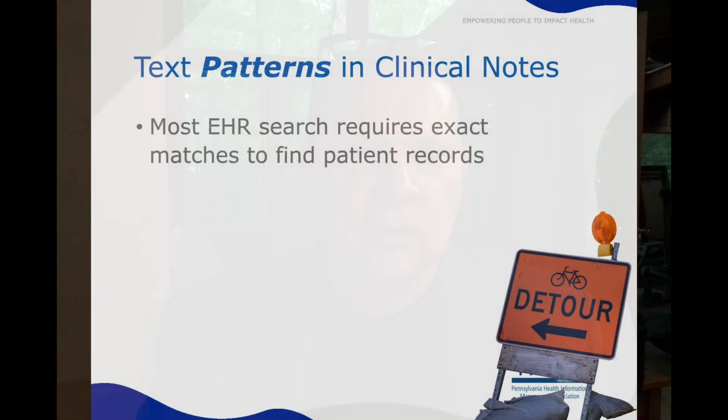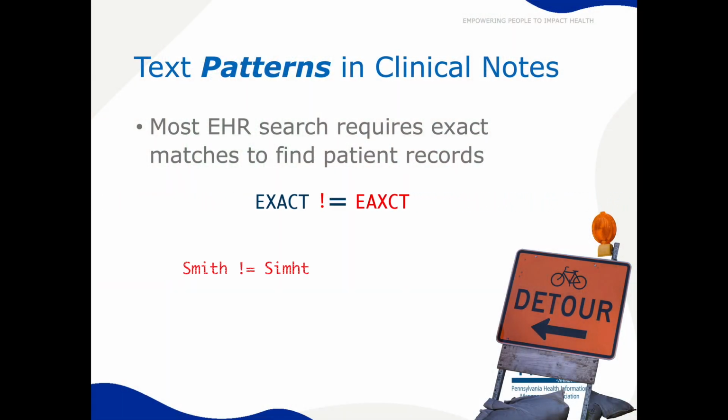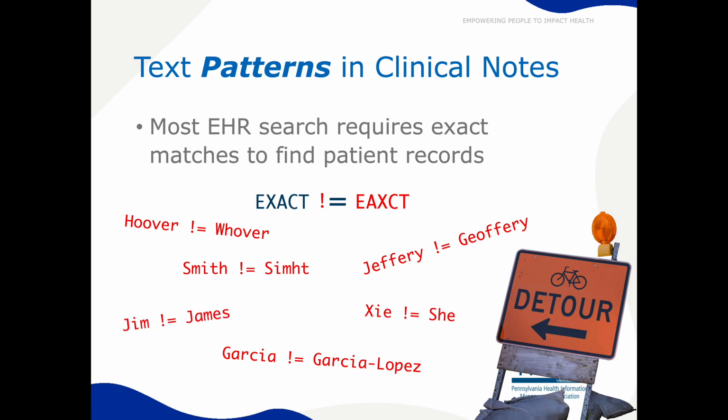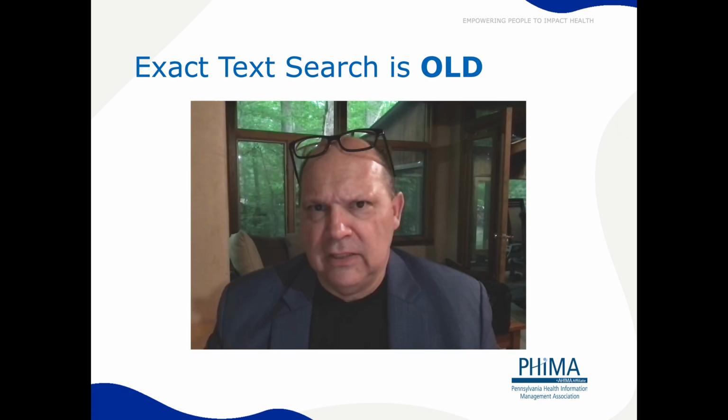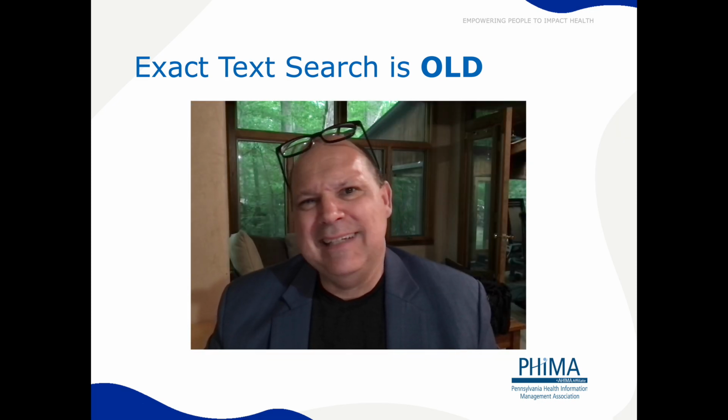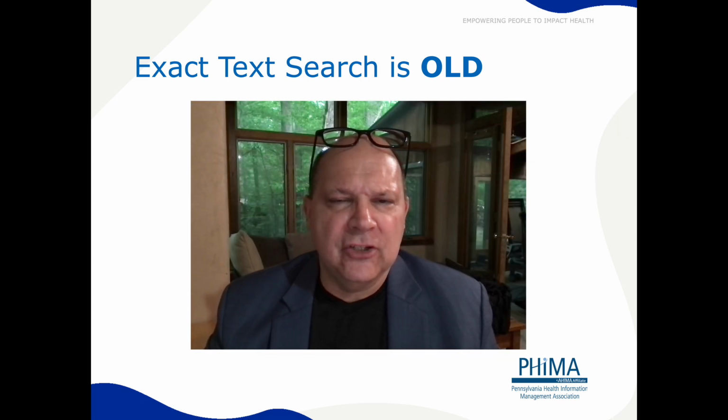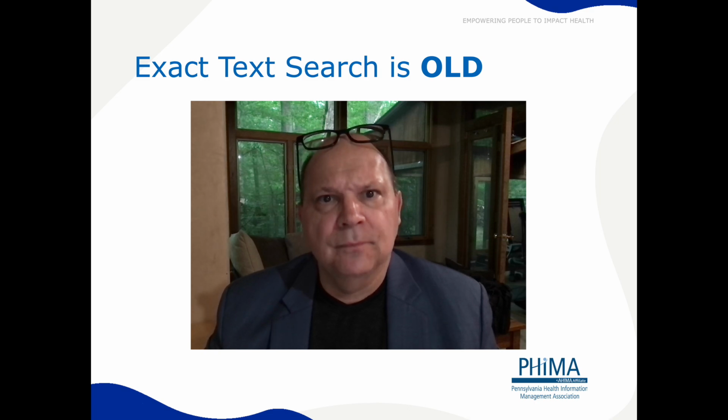To do this, let's take a slight detour and consider EHR searches and how they require exact matches to find patients. We talked about that earlier. It's a fact that exact text searching is old, and you need to look no further than Google to see how easy that is to use versus your EHR or other web-based searches.